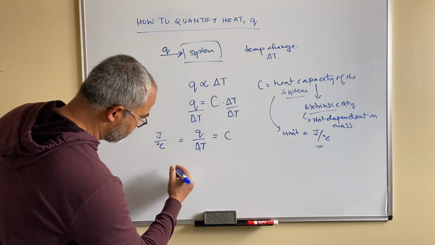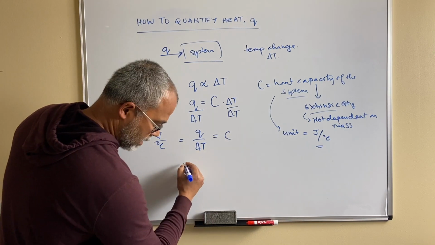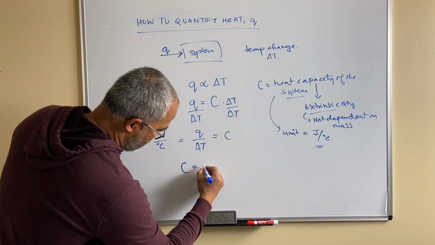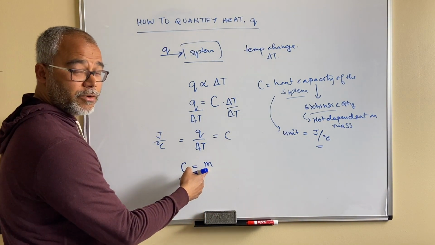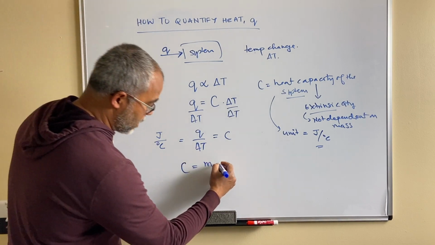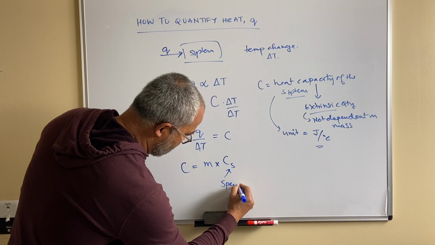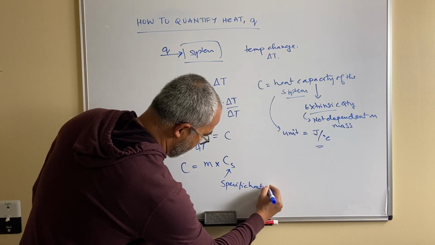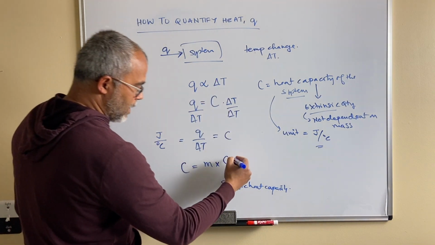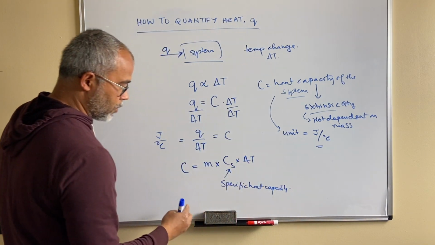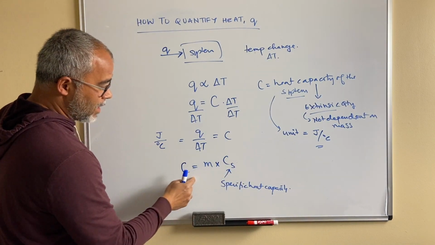So if we take the heat capacity C, which is represented for a certain mass of the substance, it equals the mass times C_s, the specific heat capacity.